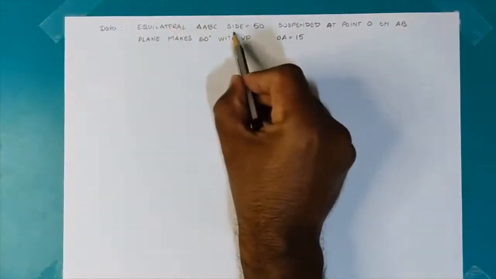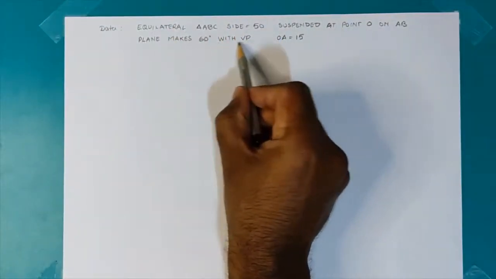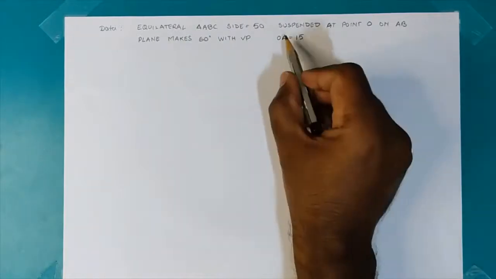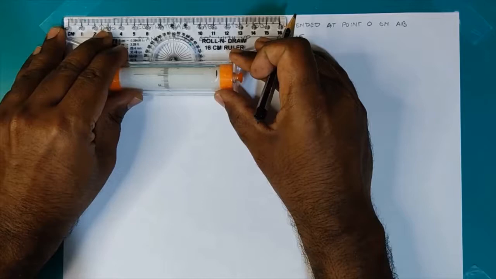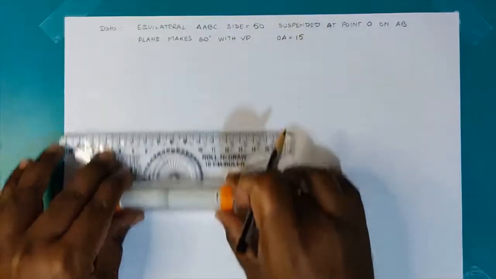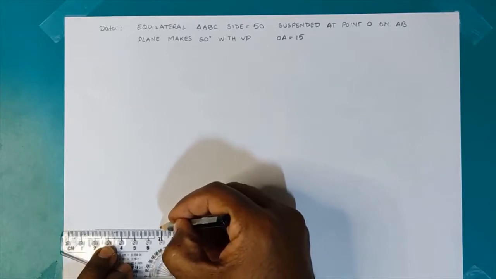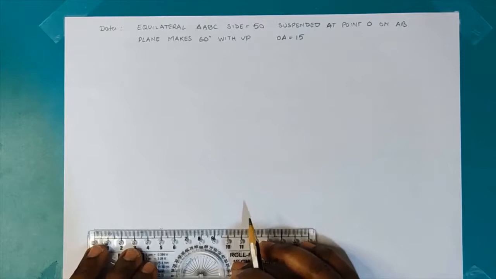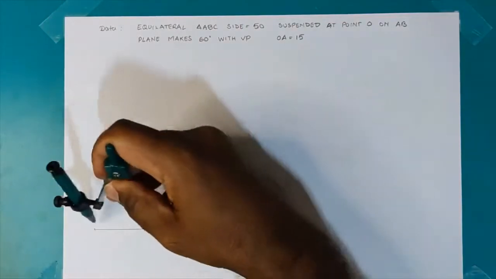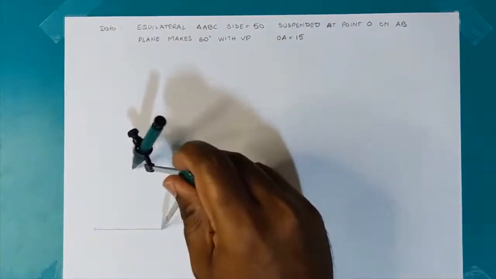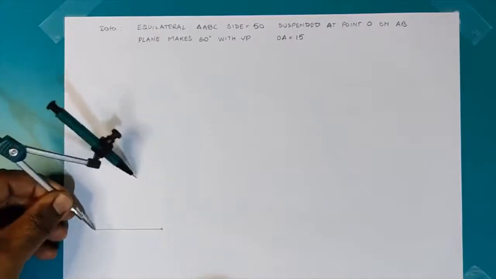The actual problem solving starts with writing the data and constructing the reference figure. I first start by drawing a horizontal line on which I take a distance of 50 mm. I use this distance and draw two arcs of 50 mm from either side.